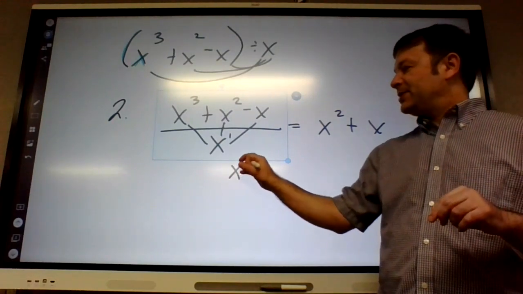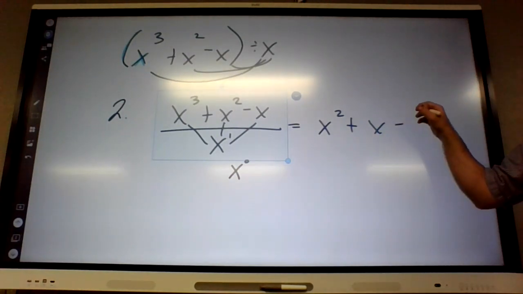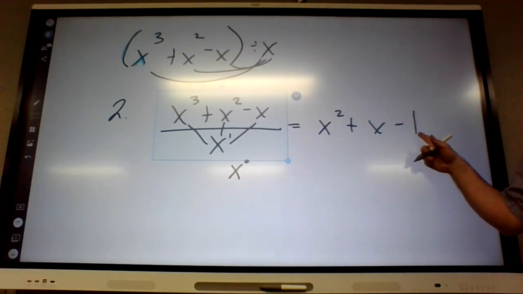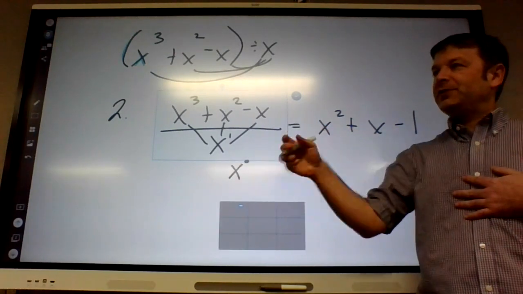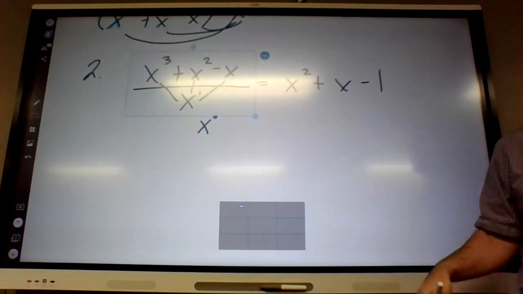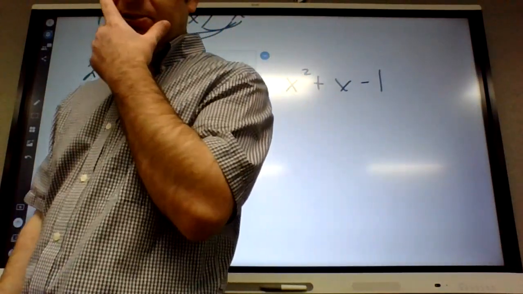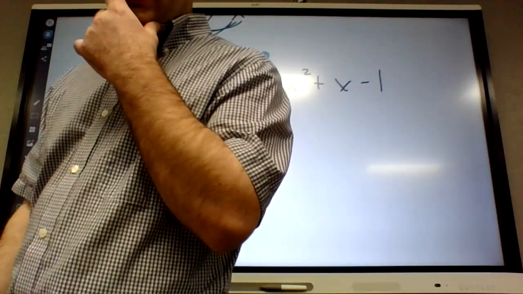You could say it's x to the 0, but that would equal 1. So people get it wrong because they often put nothing. So anything divided by itself is equal to 1, not 0, not nothing. Alright, I screwed up. Number 3.